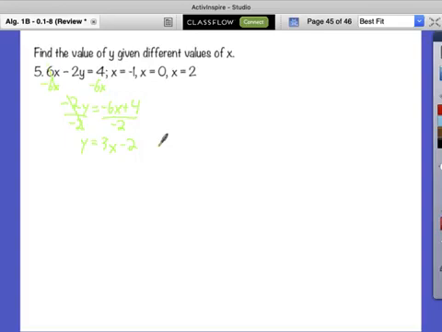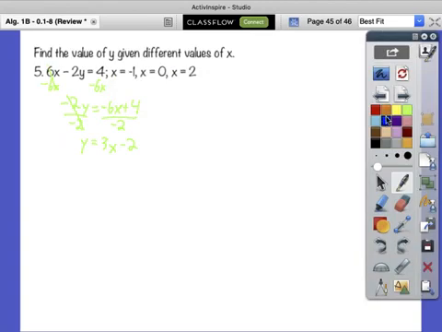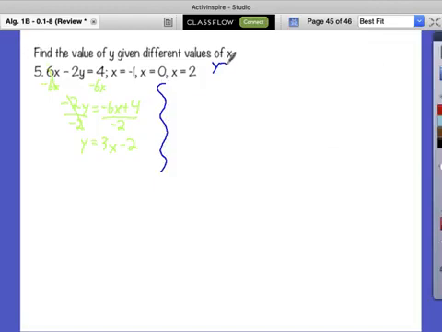So now we have y by itself. So we're primed and ready to plug in these different x values, because we already have it set up to solve for y. So what we're going to do now is we're going to try this equation when x equals -1, because we're asked to figure out the value of y given each of these x values.